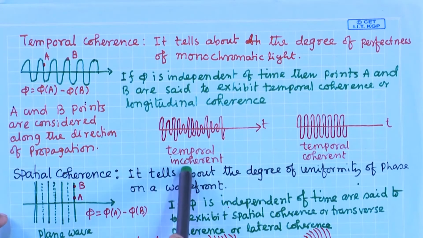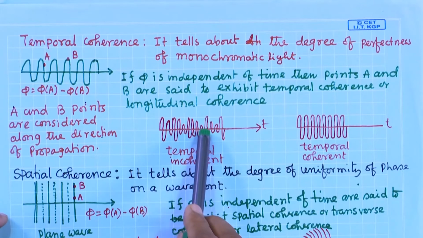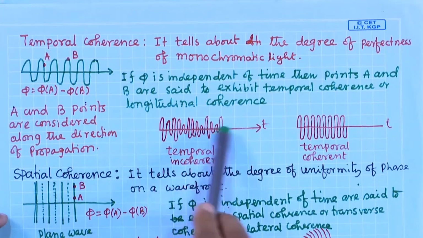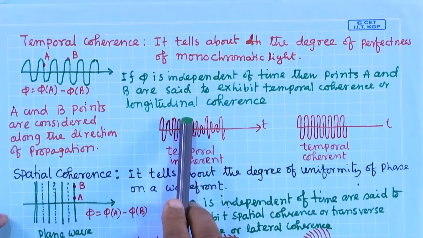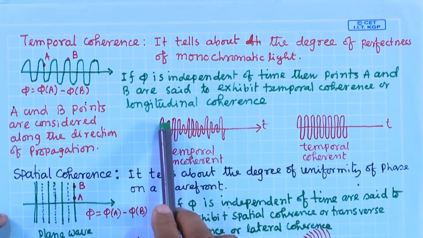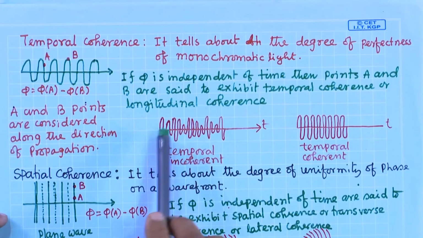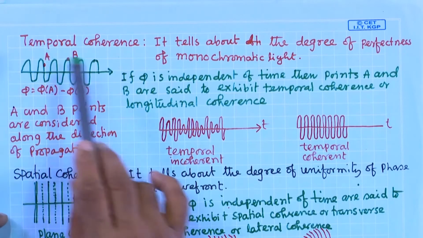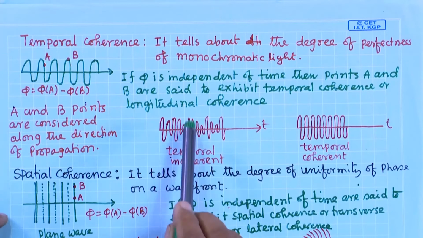So, this is the example of incoherence. It varies along the time axis. With time it varies, the phase varies at different points, or at a particular point, say A or B. So with time it is varying like this.